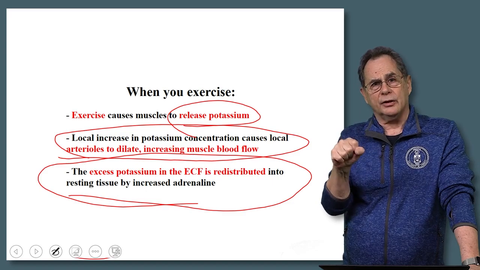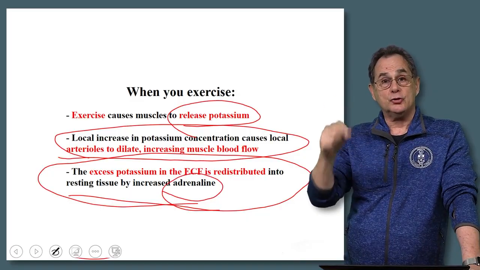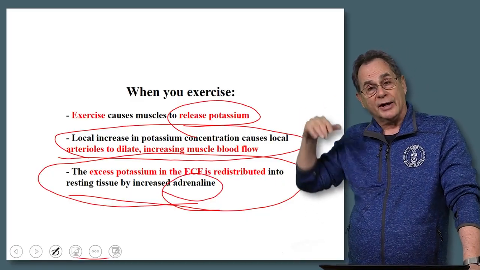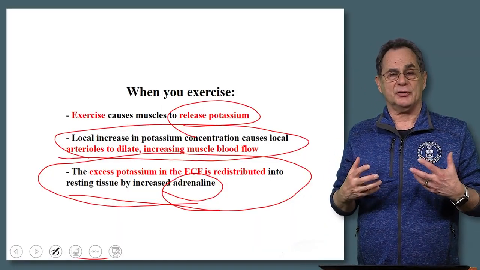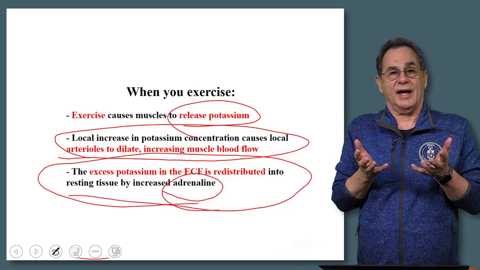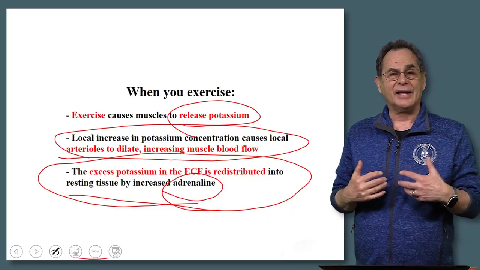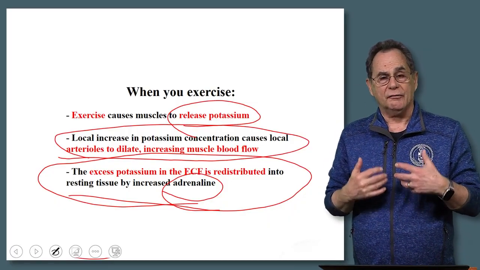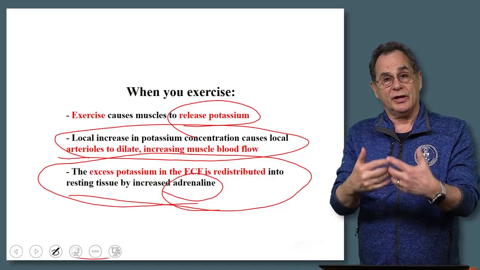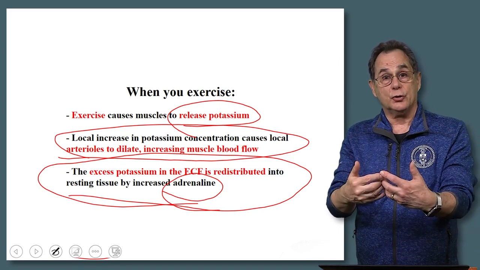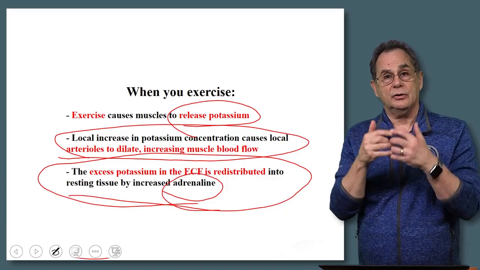And so the adrenaline that's released as a catecholamine serves to engage those beta-2 adrenergic receptors on the cell membrane and redistribute the potassium back into the cells. So exercise may be associated with an acute rise in potassium, facilitating blood flow, and then you redistribute that potassium back into the cells as a consequence of that beta-2 agonist activation of the receptor, activating protein kinase A, increasing sodium-potassium ATPase activity, and moving potassium from outside to the inside of the cell.